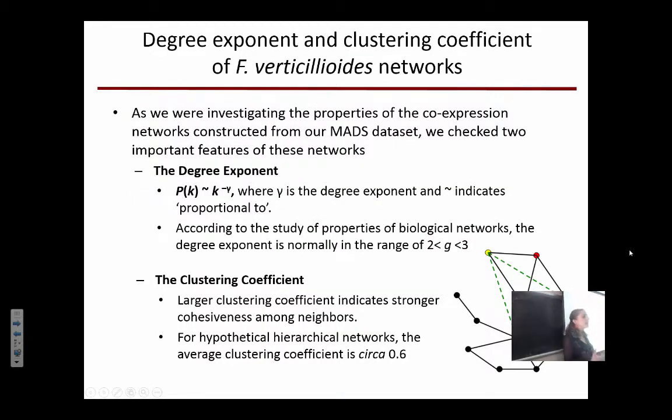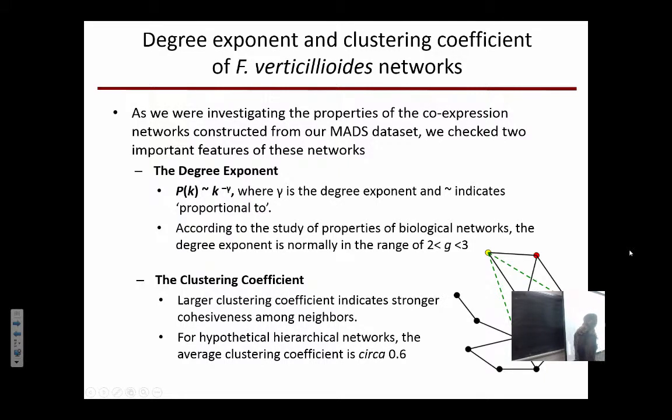Now, the last thing that we wanted to look at in our networks was 2 important features, one being the degree exponent. So what do I mean by that? We want to find out what is the probability that a certain node within a network will have so many different connections or degrees, okay?